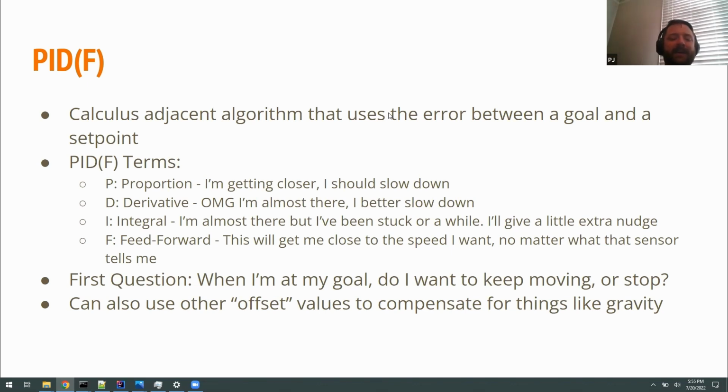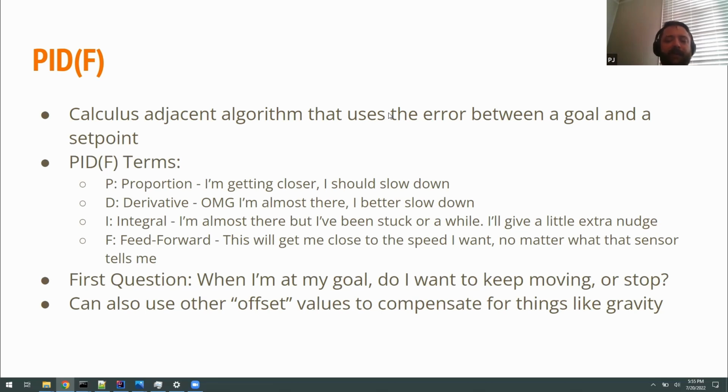So, PID systems, I forgot to mention this, work well with linear systems, like a drivetrain, which goes the same forward as it does backwards for the most part. A motor curve isn't totally linear, it's got a little bit of stuff at the ends, but for the most part it is.